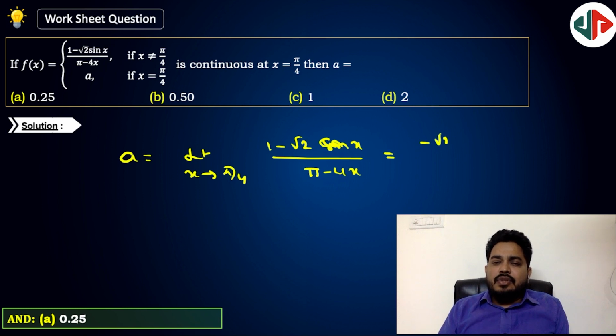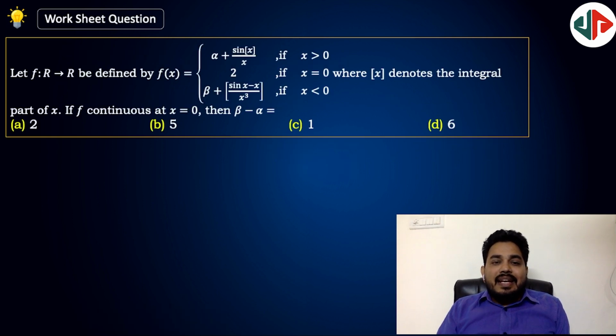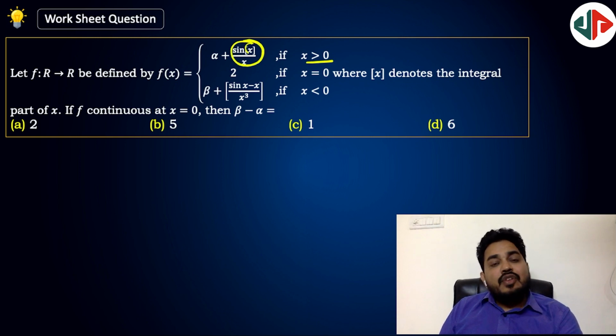Minus root 2 into cos x is 1 by root 2 by minus 4 is equal to 1 by 4, is 0.25. So x greater than 0, step x is 0. So this entire thing is 0 by something. So value will be equal to 0. So a is equal to 2.